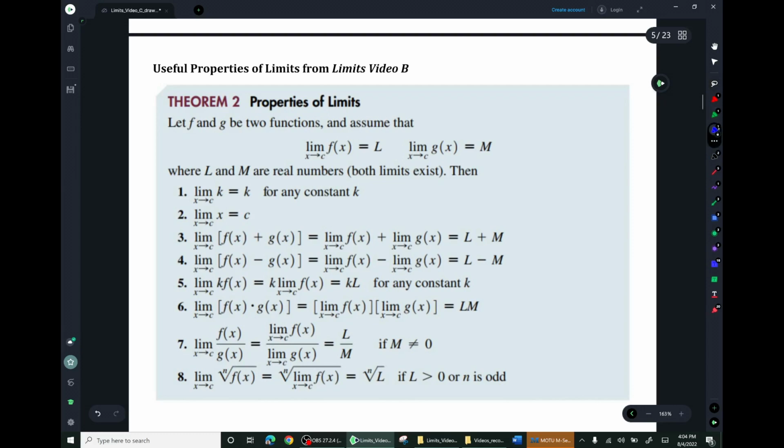Useful properties from Limits Video B, Theorems 2 and 3, are properties of limits that allow us to find complicated limits in certain situations by replacing them with less complicated limits, such as this.